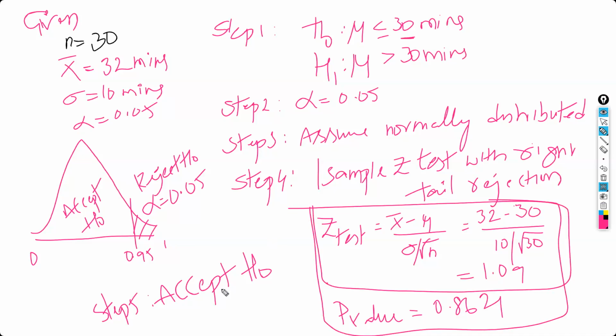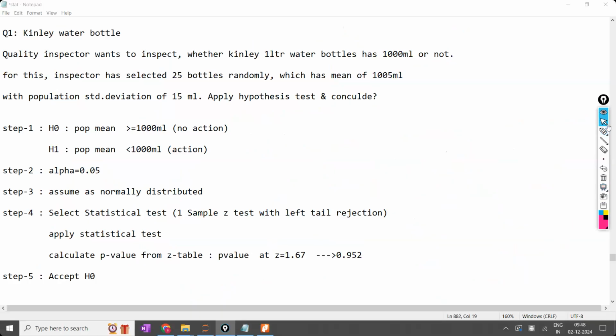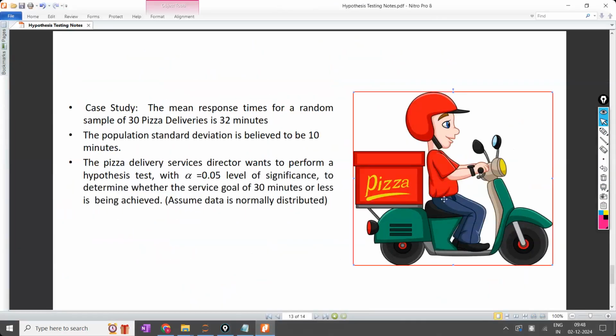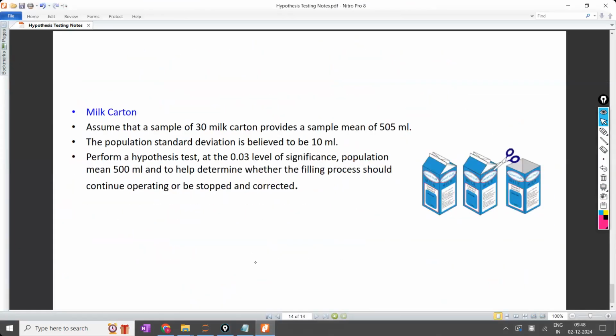Okay. Second case study is clear, right, for everyone? Now let us go with case study number 3. For this example, what is the first step you have to do?